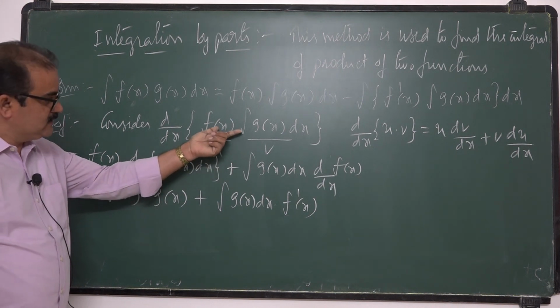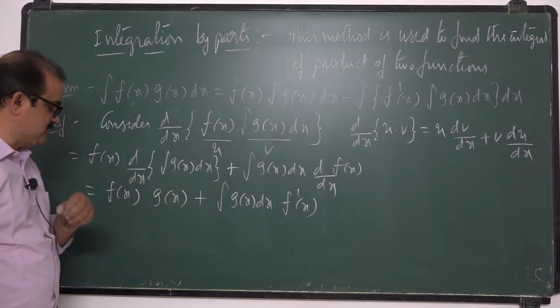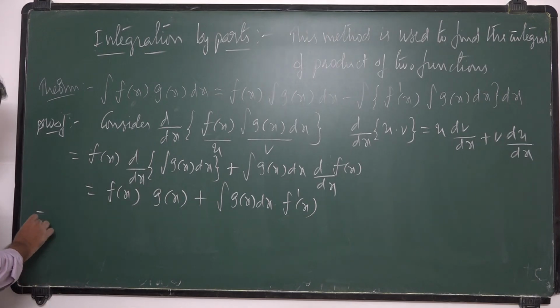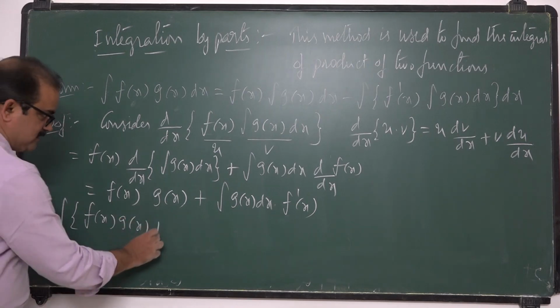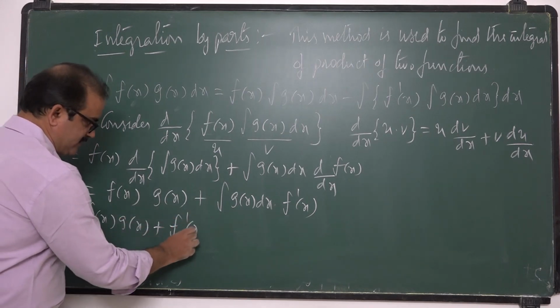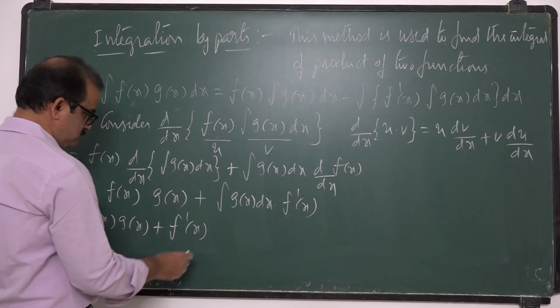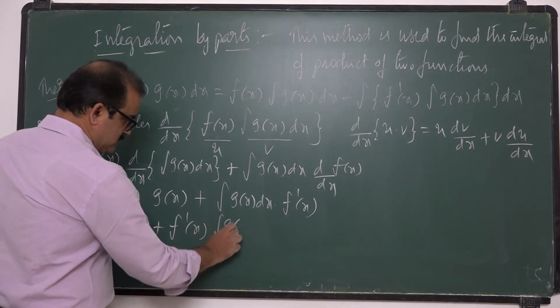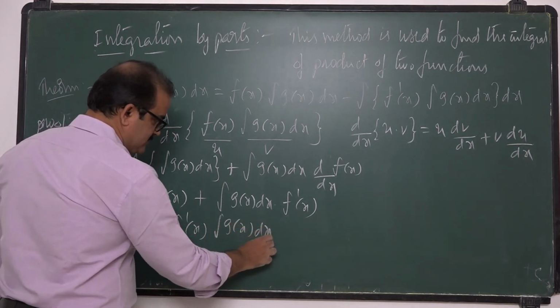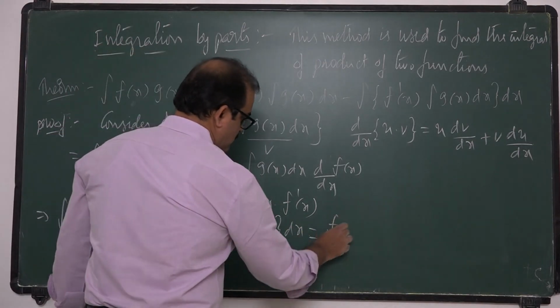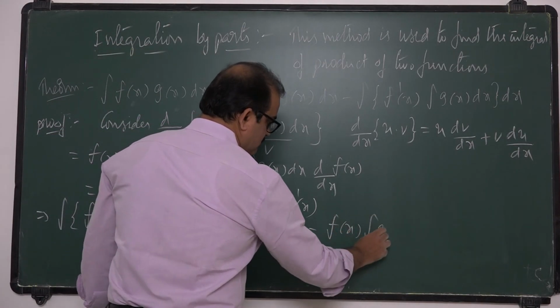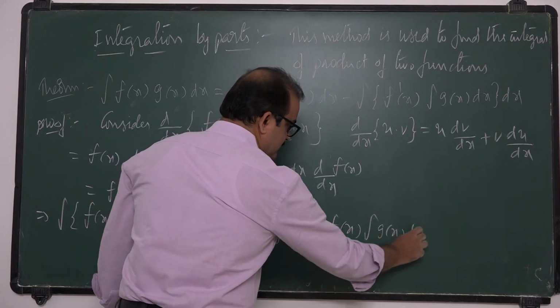Okay, then this is the integral of this function. So therefore integral of f of x into g of x plus f dash x into integral g of x dx whole dx is equal to f of x into integral g of x dx.